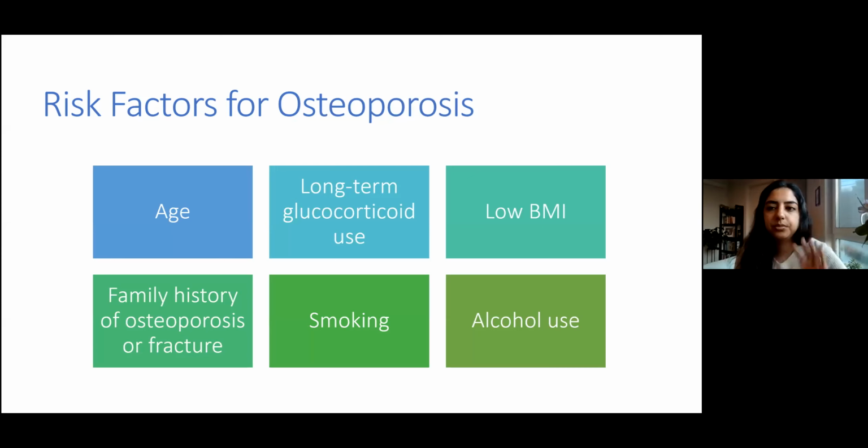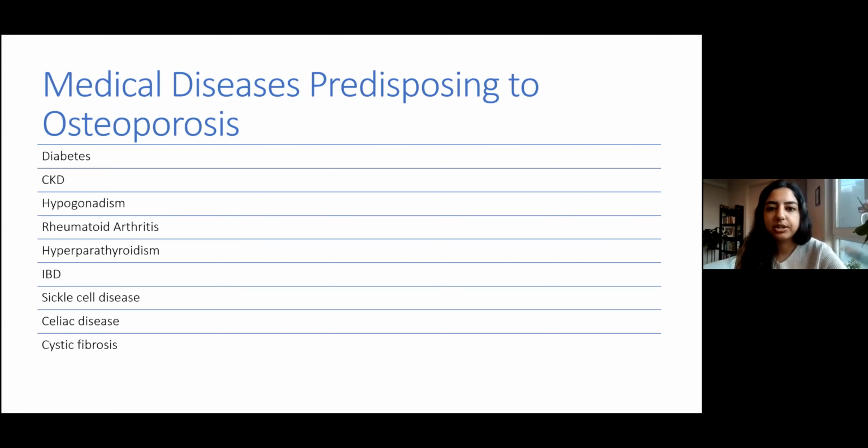So the 6 risk factors for osteoporosis that are incorporated into the FRAX are your age, exposure to glucocorticoids for long periods of use, low BMI, family history, smoking, and then alcohol use. In terms of medical diseases that predispose to osteoporosis, I think all of us are familiar with rheumatoid arthritis being a classic association with osteoporosis.